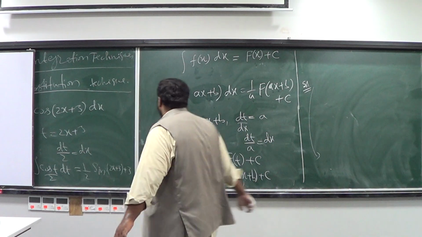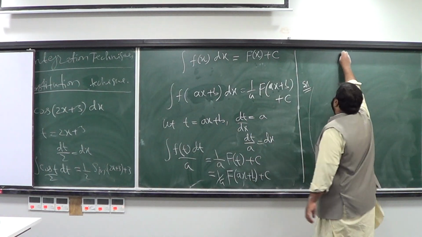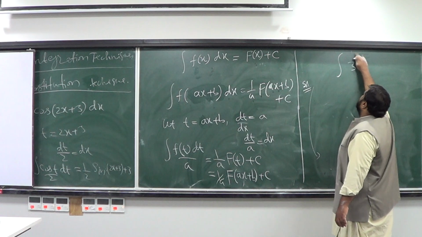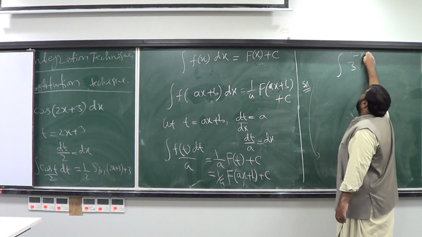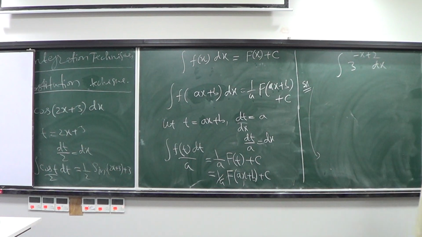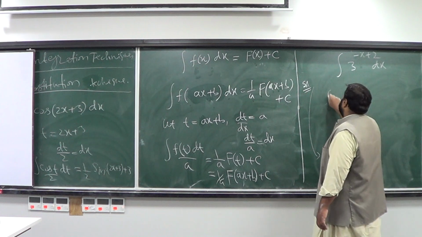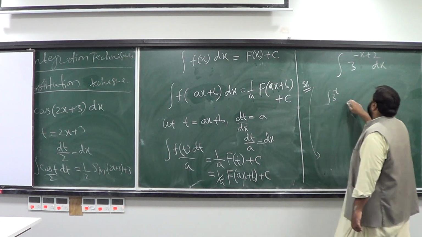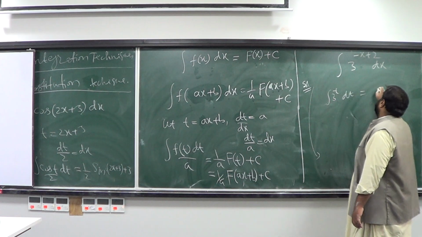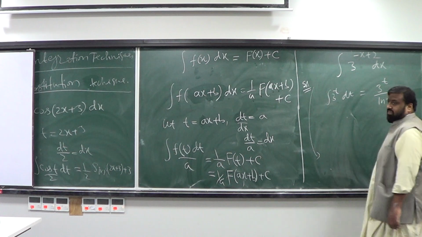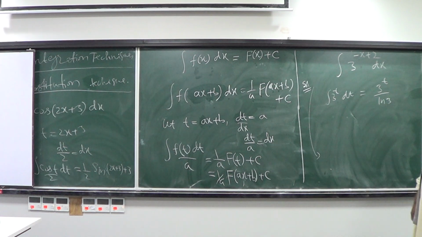So if I, for example, ask what would be the integral of 3 power of minus x plus 2 dx, I'm going to say, okay, what is the antiderivative of 3 power t? The antiderivative of 3 power t is 3 power t over log 3.